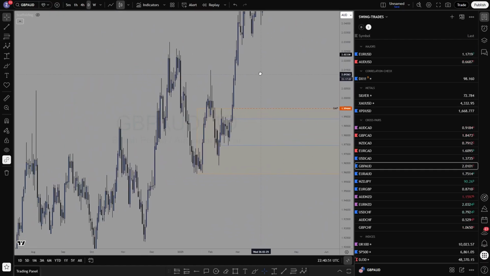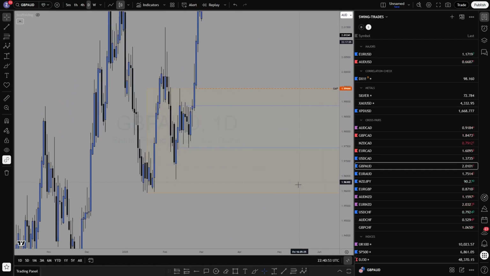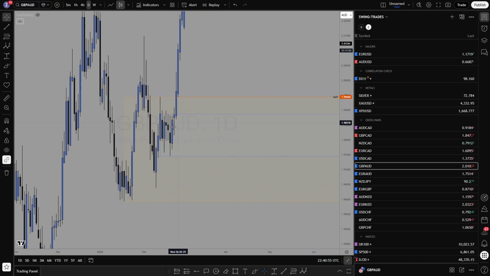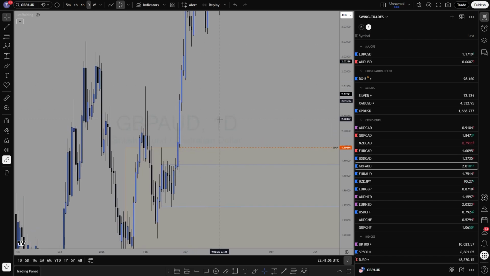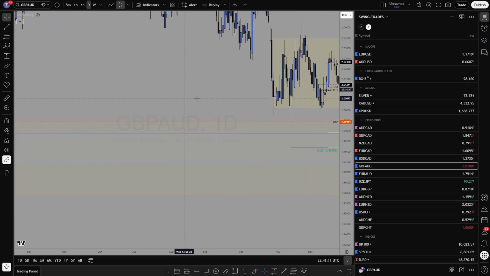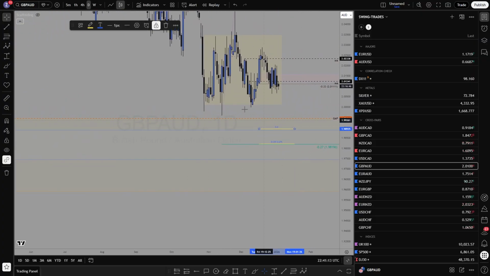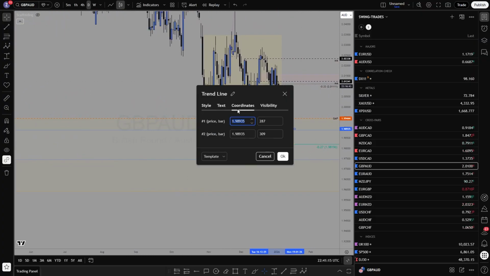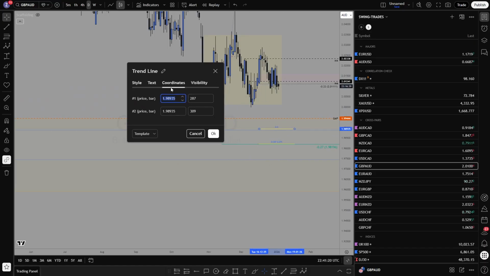And so if we go to the daily demand that's within this weekly orange zone, the daily demand zone being this blue area, you've got 1, 2, 3, 4, 5, 6, 7, 8 candlesticks before we've got a decisive move to the upside on the daily. So what that means is a POI is going to be at this level that's already been identified at the beginning of that daily, the entry point of a buy side play on the daily demand, which is 1.98935.